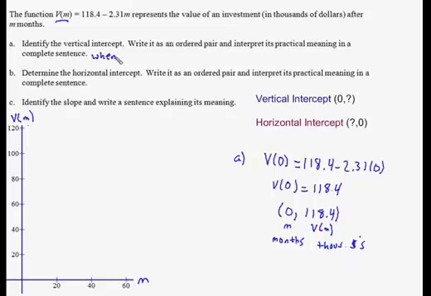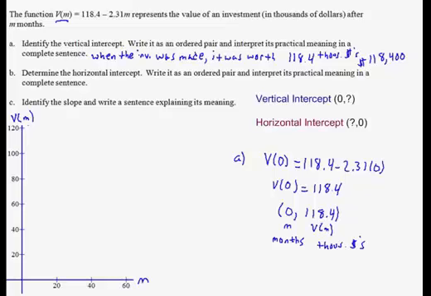So when the investment was made, it was worth 118.4 thousand dollars, which is kind of a strange way to write it. Maybe I would write it as $118,400 rather than writing $118.4 thousand. So that's your initial investment.